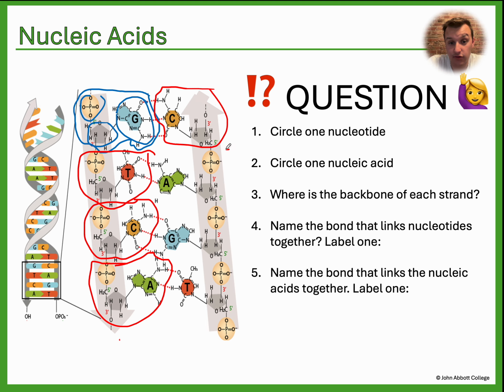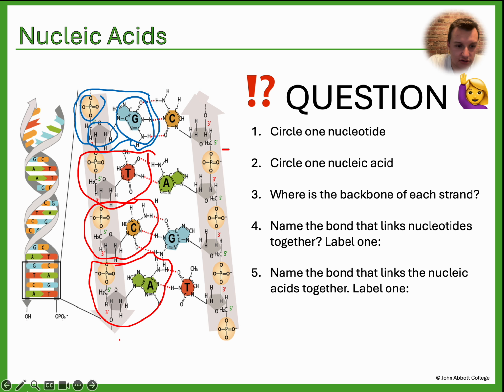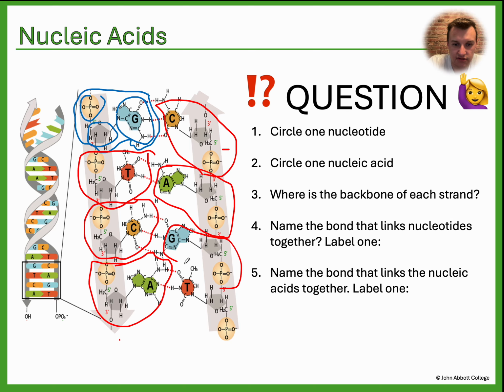I could have circled, oh, sorry. This is missing a phosphate. Let me undo that. I will circle this over here because I need a phosphate, a sugar, and I need my nitrogenous base. Phosphate, sugar, nitrogenous base.